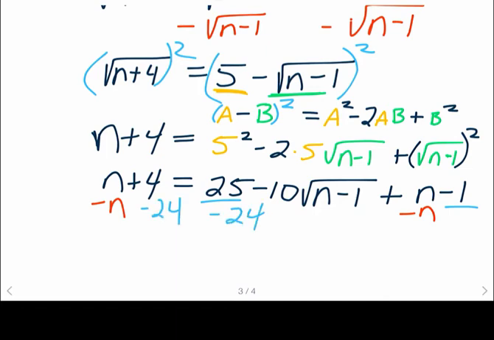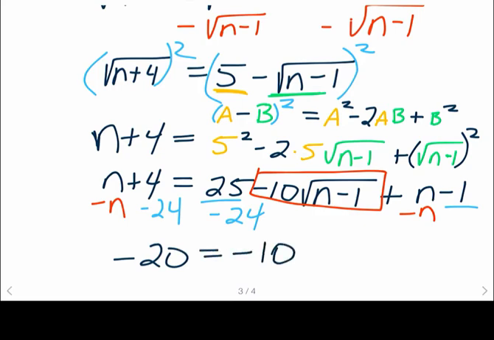as well, because what I want to do, as before, is isolate, in this case, just the radical term. So on the left-hand side, we have negative 20, and on the right-hand side, we have negative 10 times the square root of n minus 1.